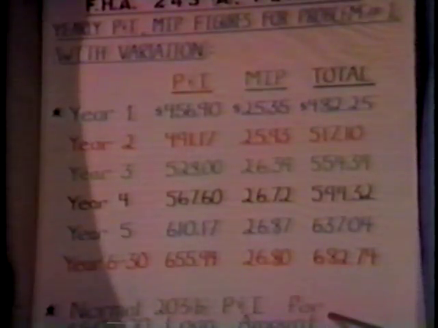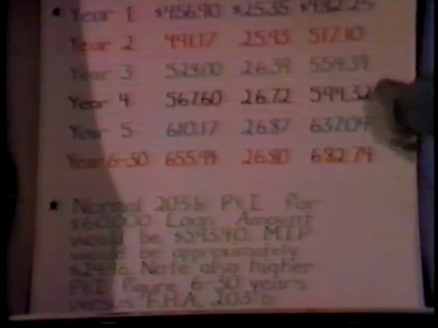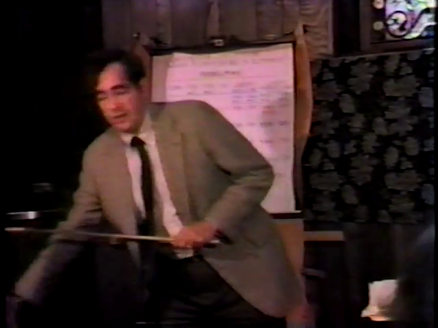Notice here that the 203 payment comes out to $593. So look at what this shows. Even in the 6th through 30th years, you're still paying more. They're still recapturing some, aren't they? Not a whole bunch, but it's more, isn't it? It's about $60 more a month. Okay. Any questions at all on what we've done here and what this is? Okay. Aha. Now, if you'll turn the page, this only took me about 3 weeks to do.